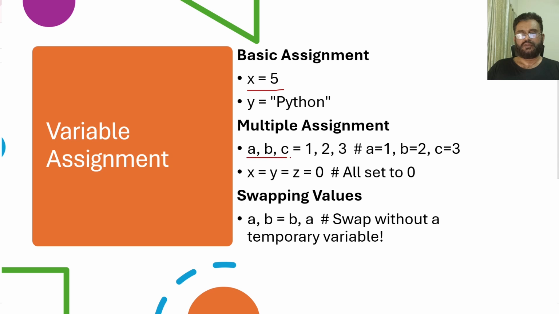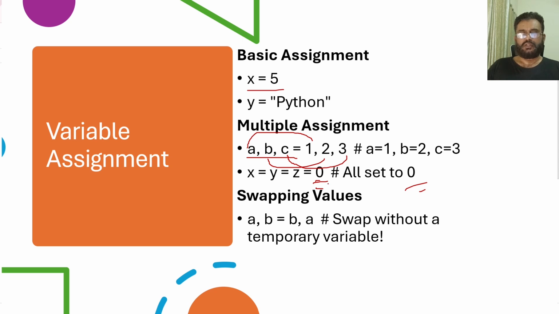For example, in this case, a, b, c get the values 1, 2, 3, and it means I can assign in the same order, variable a getting value 1, variable b getting value 2, and variable c getting value 3. And I can also assign all the variables, for example x, y, z, to a certain value. For example, in this case they are all set to 0.